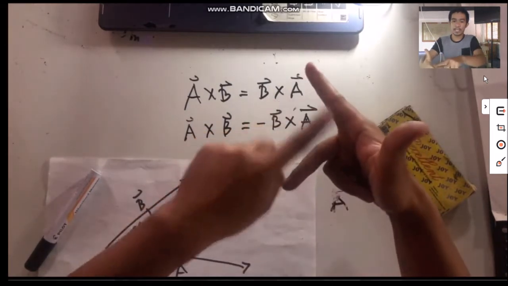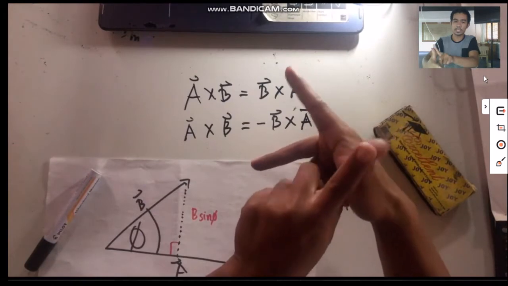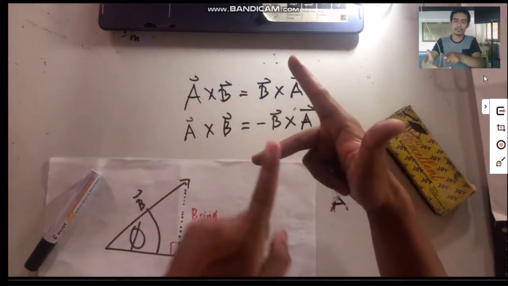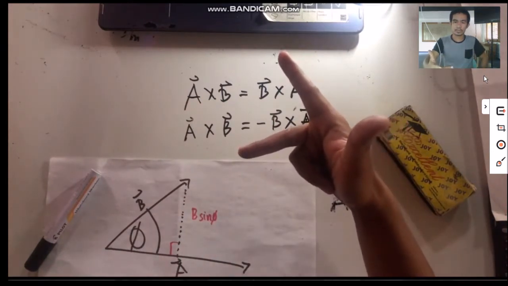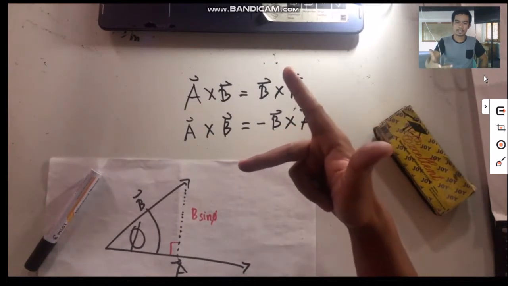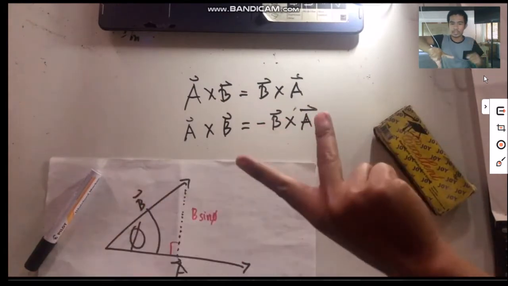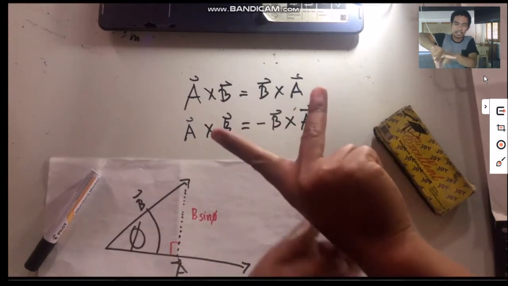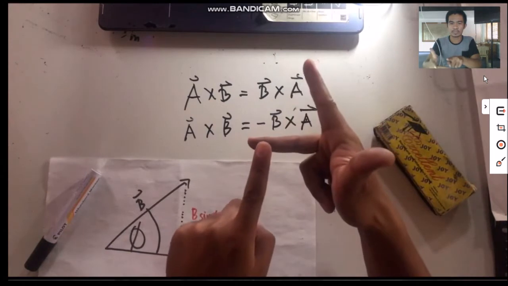If this is vector A and this is vector B, then this is vector C, which is perpendicular to vector A and vector B. Now, if we look for vector B cross vector A, it is negative, in the opposite direction to vector A cross vector B.